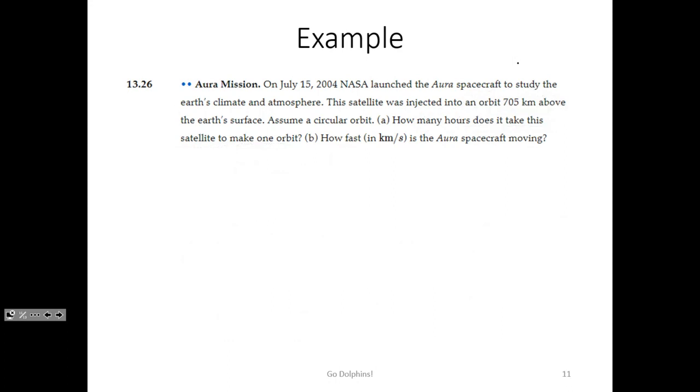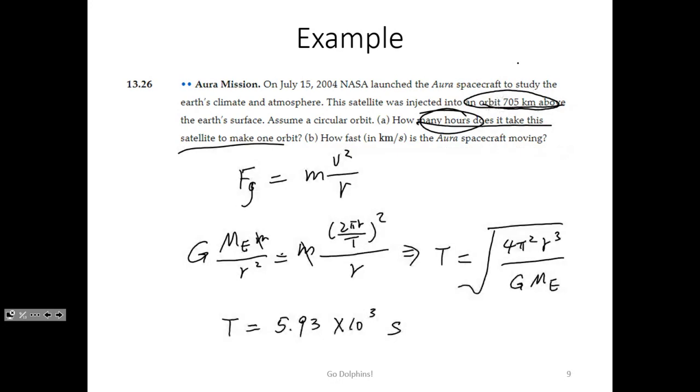Okay. Next question, the speed. Now it's relatively simple after you find the period, right? And we know the orbit. Of course, the one thing that I want to point out here: this r you should use in this equation.